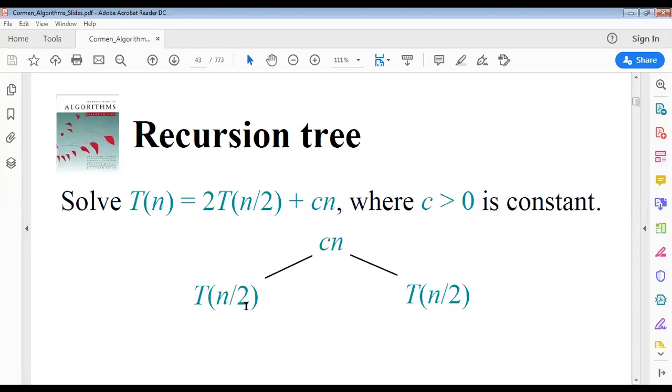Next, each subproblem T of n by 2 can again be divided into two portions, so it could be 2T of n by 4.